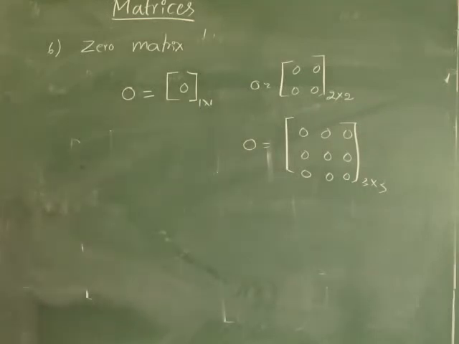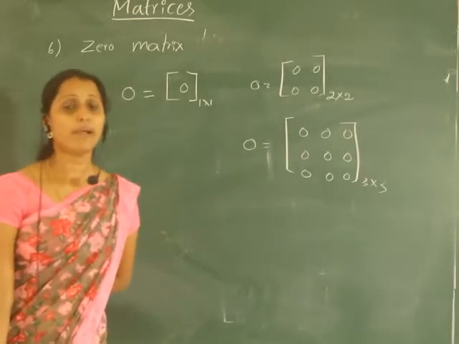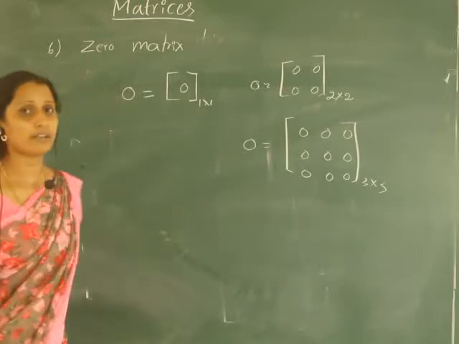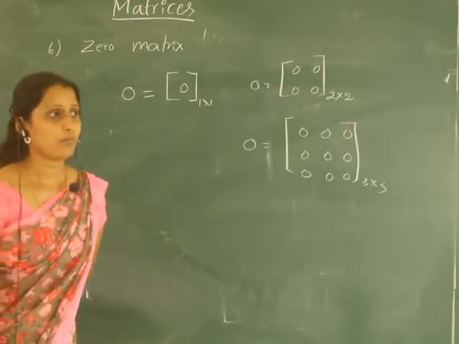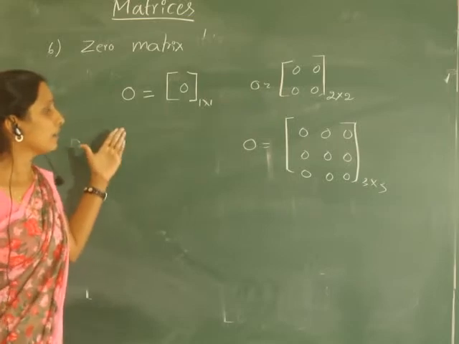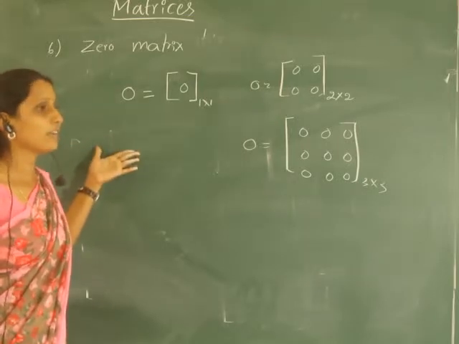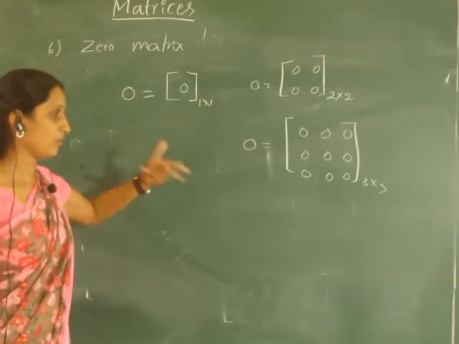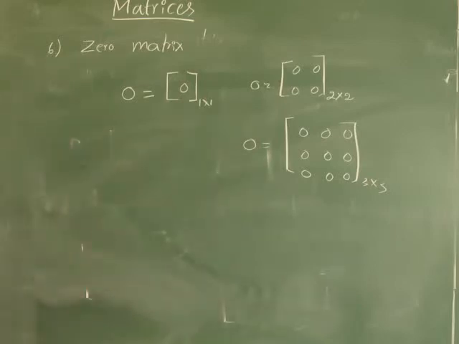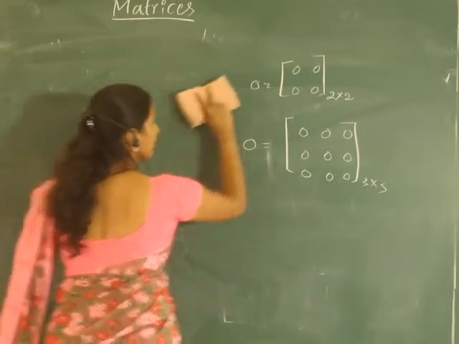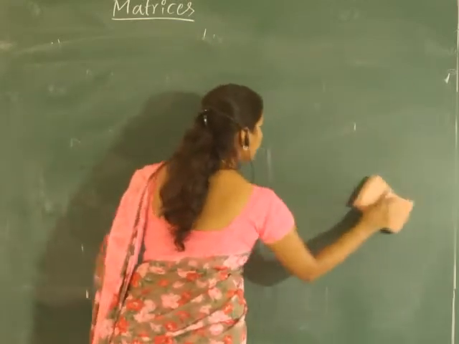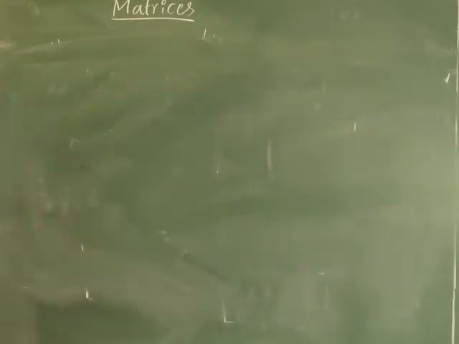So a zero matrix is a matrix in which all the elements are zero. This is the definition of a zero matrix. This is important when we discuss the addition and subtraction of matrices or multiplication of matrices. In that case, it will be used. So these are the types of matrices.